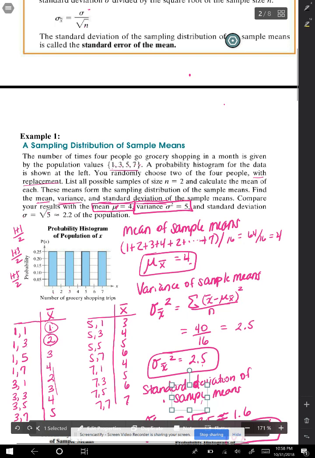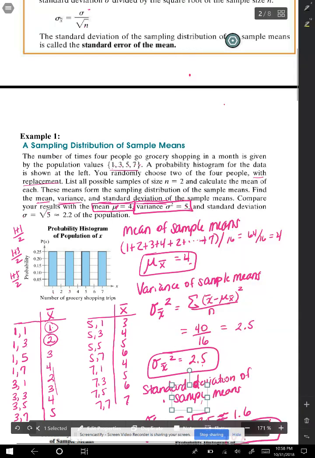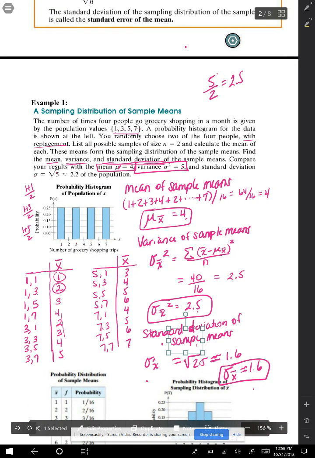So for our variance, it's going to be 5 divided by our sample size, which was 2, which is 2.5. And then once we do that, to get our standard deviation, we just take the square root of that number. So that will show you how you can do a shortcut.